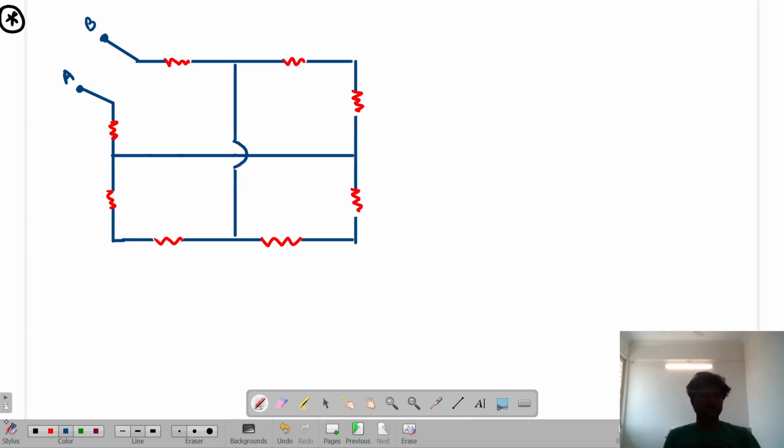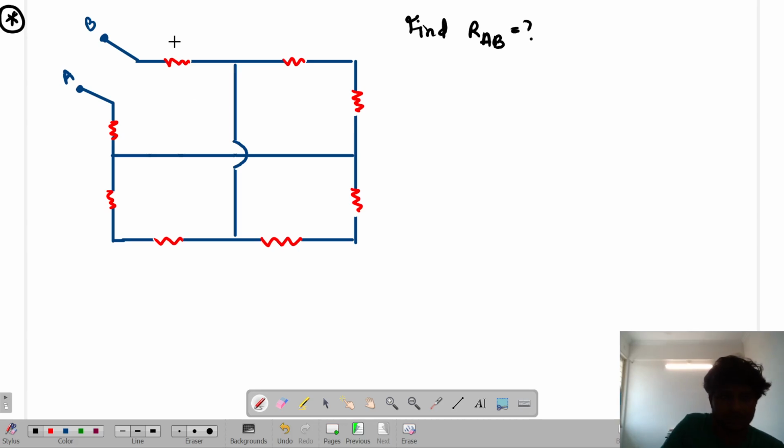Find the equivalent resistance between AB. Find R in AB. All are 2 ohm resistors. So consider R, whatever you want to consider, you can consider.